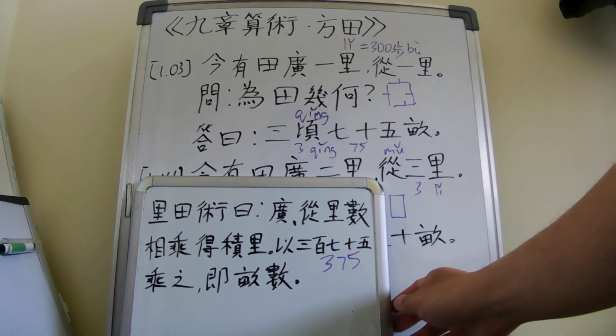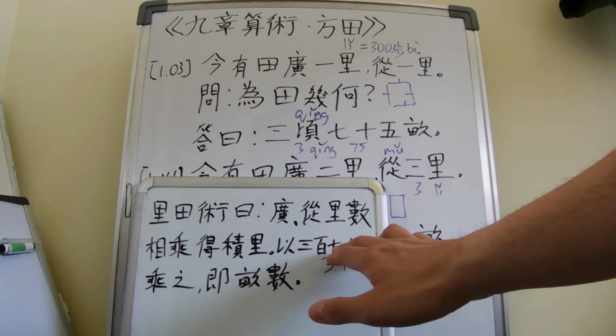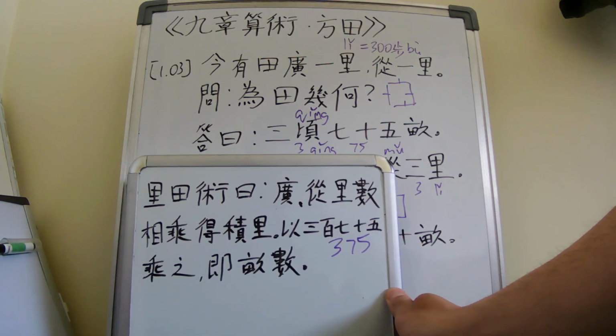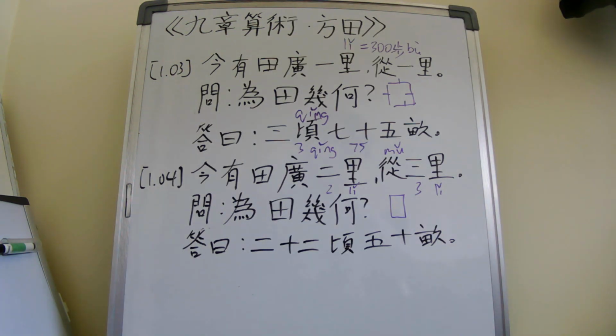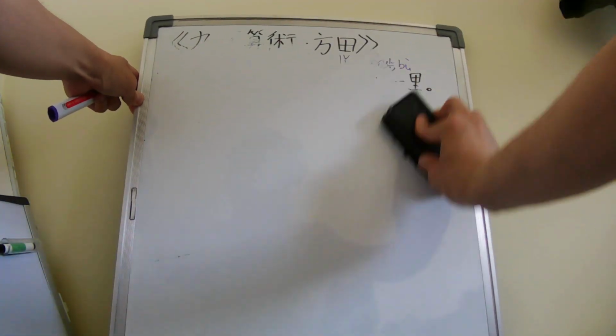Okay, so that clarifies the method, but we need to understand why did they instruct us to multiply by 375, and that's actually derivable. We can derive that using unit conversions. So I'm just going to erase the board now, read the problem, and it's time to do some calculations.